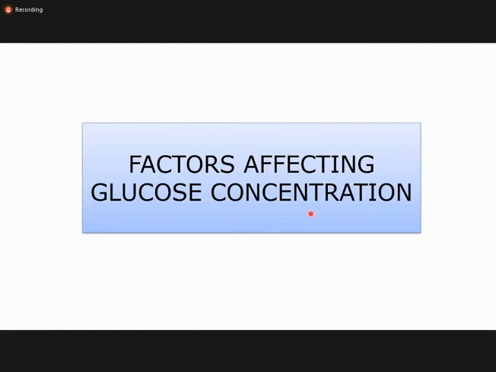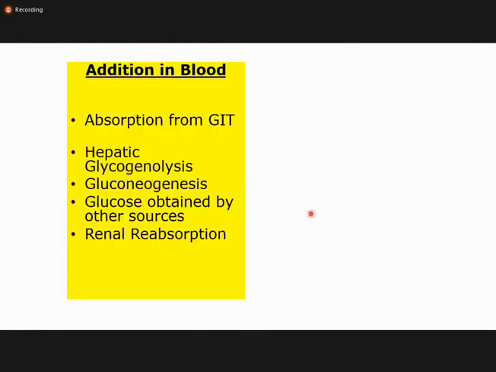Factors affecting glucose concentration. There are factors which help in the addition of glucose to the blood. For example, absorption from the GIT helps in increasing the blood glucose concentration. Hepatic glycogenolysis, that is breakdown of glycogen, which is the storage form of carbohydrates, helps in increasing the blood glucose.